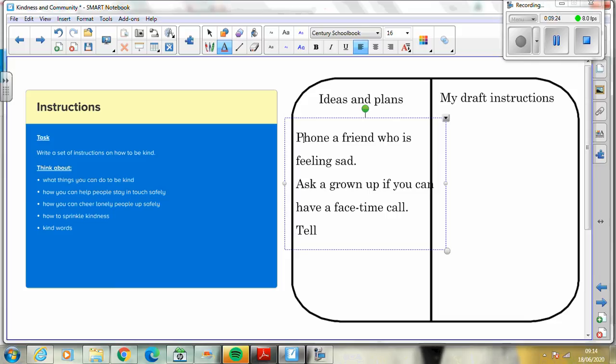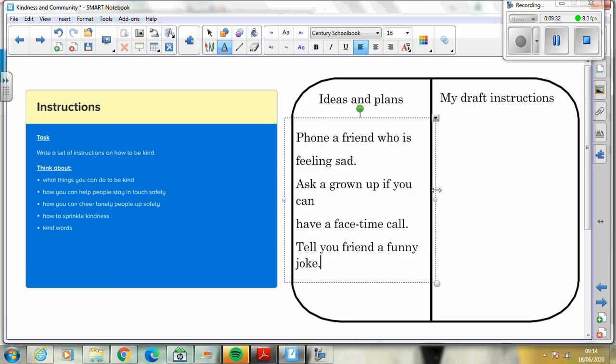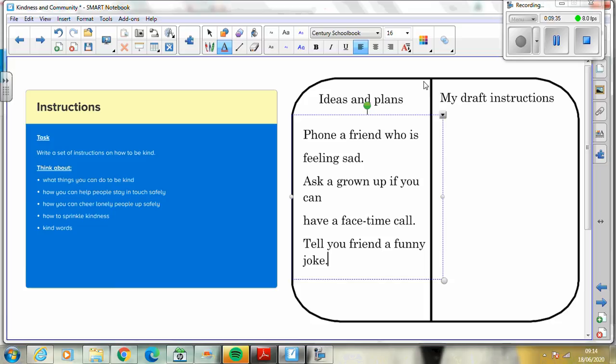You could tell your friend a funny joke. So all of your ideas are going to go onto this side, and then you're going to write your instructions on this side. Now, I'm going to come onto the next page in a moment, and I'm going to show you the features of what your instructions need to have.